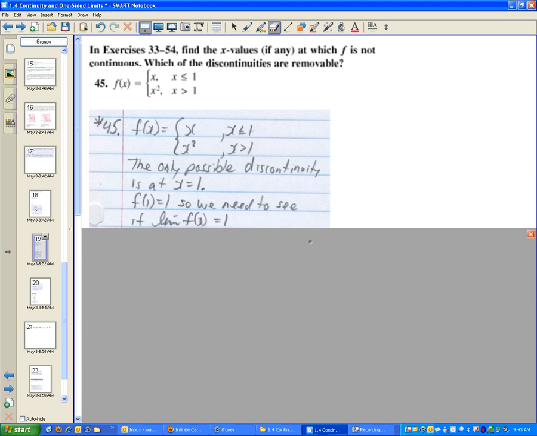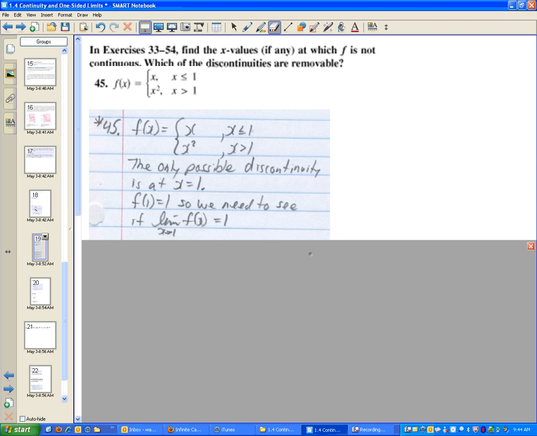So we need to see if the limit as x approaches 1 is also equal to 1. Because that's our definition of continuous at a point, right? That the value of the function exists, that the limit of the function exists, and that the limit equals the value. So that's what we're going to find out.